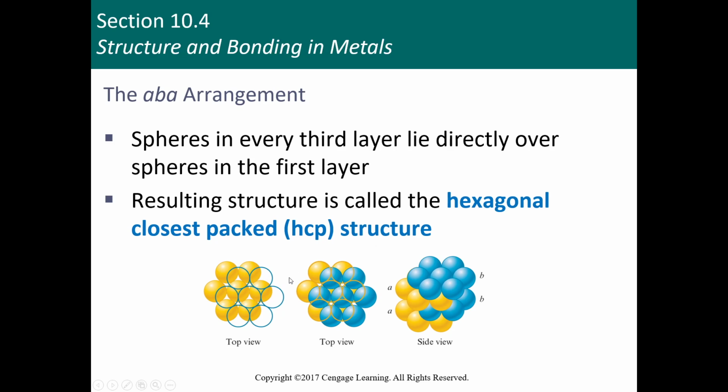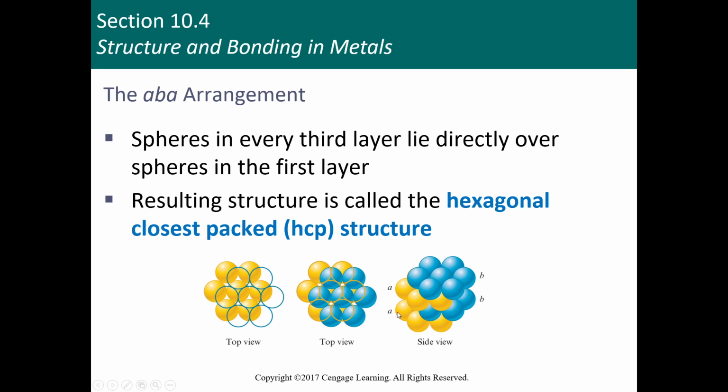And so what's going to happen is every other layer will be directly on top of that 1st layer. See that? And so A will be the same as the next A, which is the 3rd one. B will have another B on top of it, every other layer.